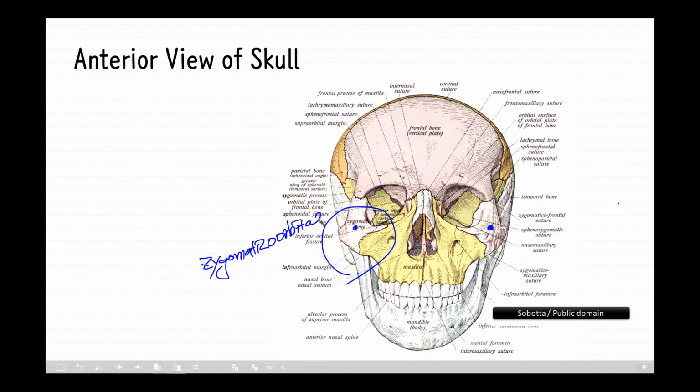The next region is the orbit. This part can be considered the highlight of the anterior aspect of the skull and is a little complicated and long, so it will be discussed in the next separate session.